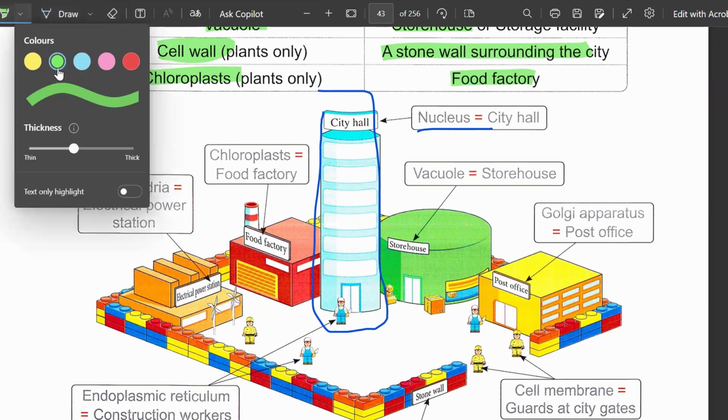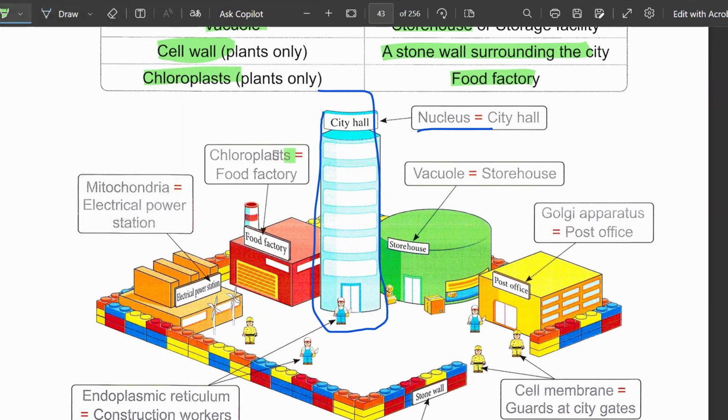Chloroplasts, which are responsible for making food by photosynthesis process, like a food factory in the city. So they are very similar. Mitochondria is called the powerhouse. Do you remember? Because it gives the cell the needed energy, by a process called cellular respiration.